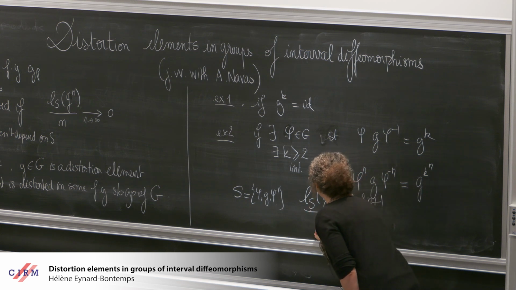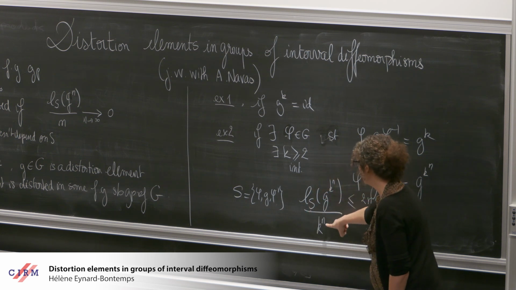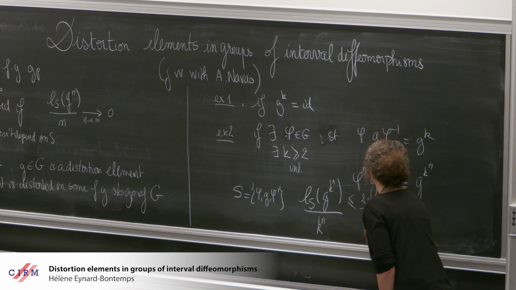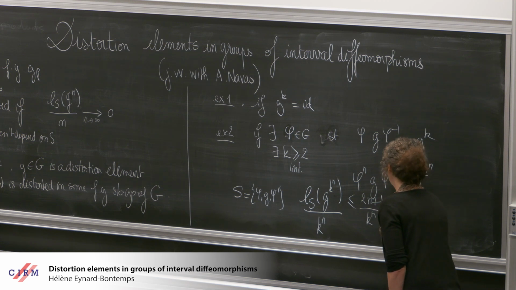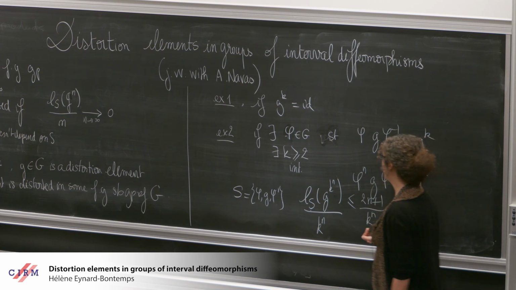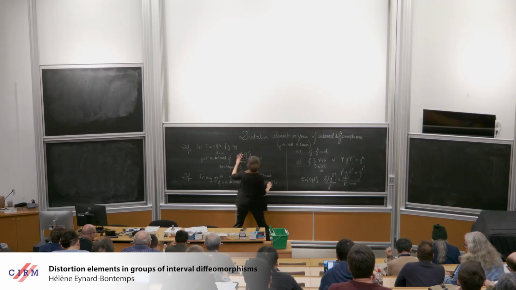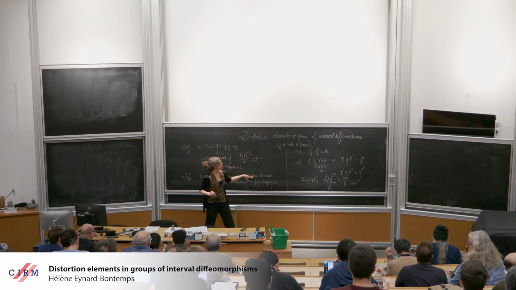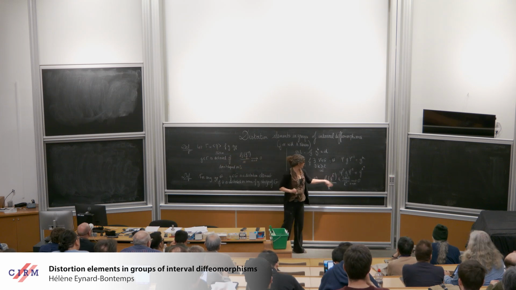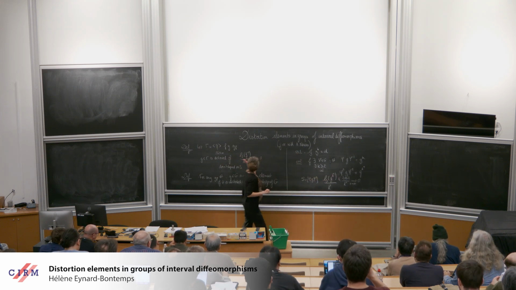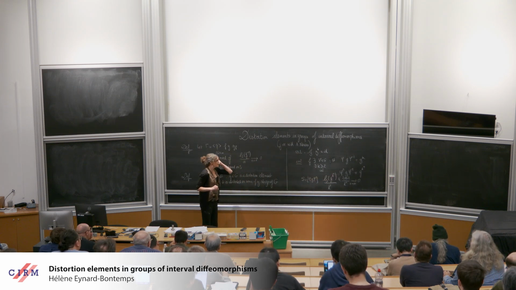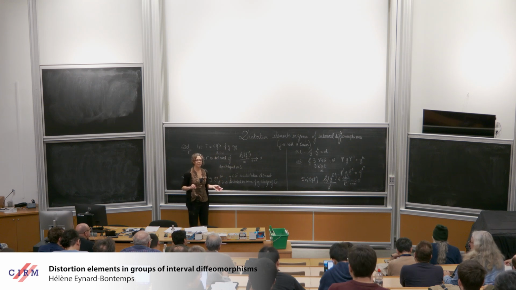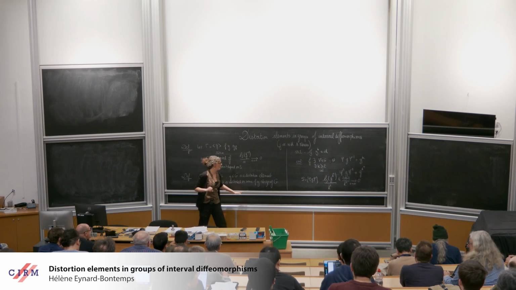And if now I divide by the corresponding power, k to the n, this goes to 0 when n goes to infinity. And actually, this always has a limit because the word length is subadditive. So if this goes to 0, actually you can show that this limit is 0, and so the element is a distortion element.